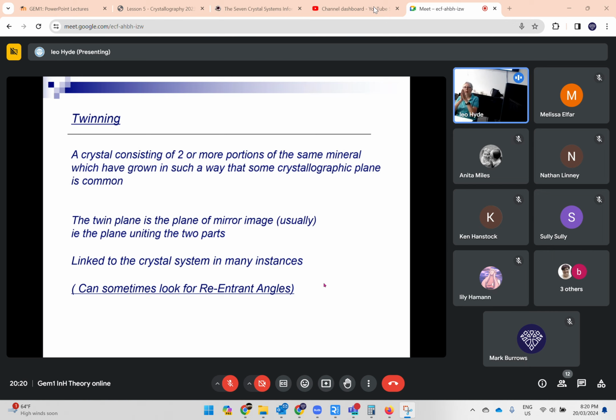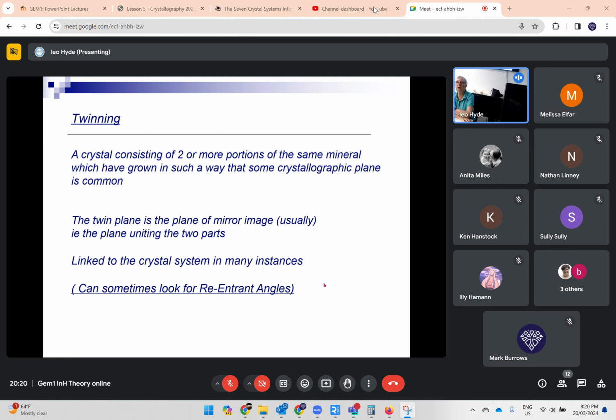Somehow something's happened and they've got a common plane because it's been one crystal that's ended up growing into two, or in chrysoberyl's instance with cyclic twinning, more than one direction. But something's happened with heat and pressure during formation or after formation to cause a difference in direction and having a common plane.